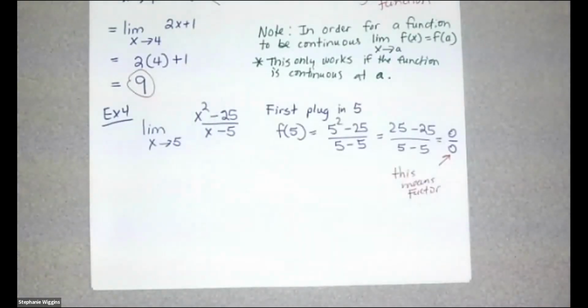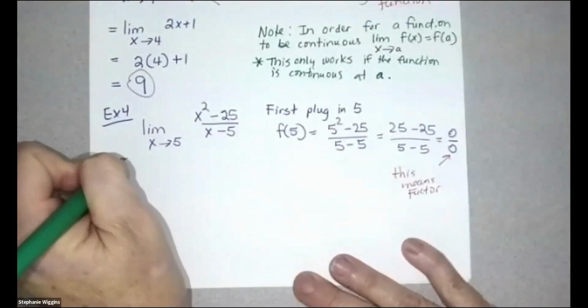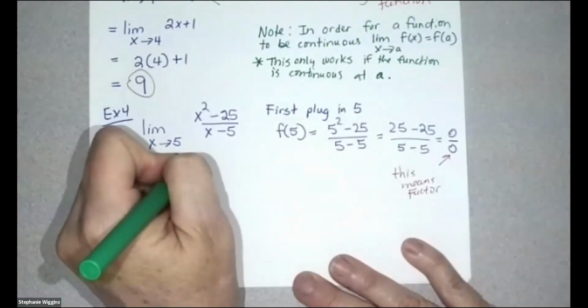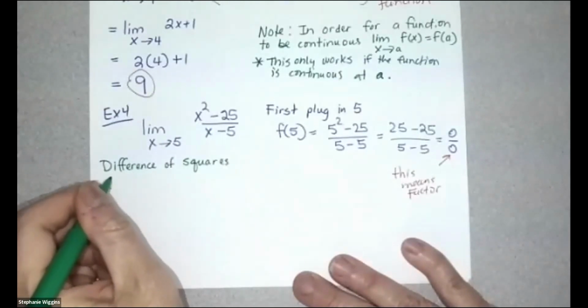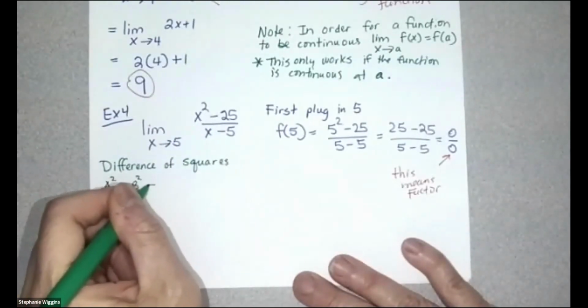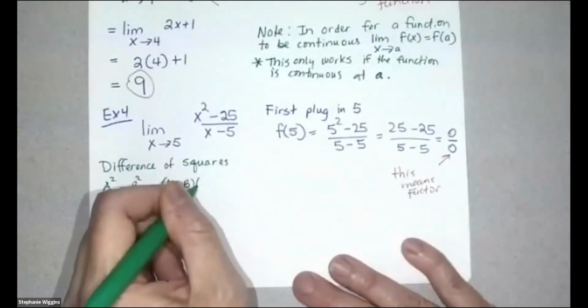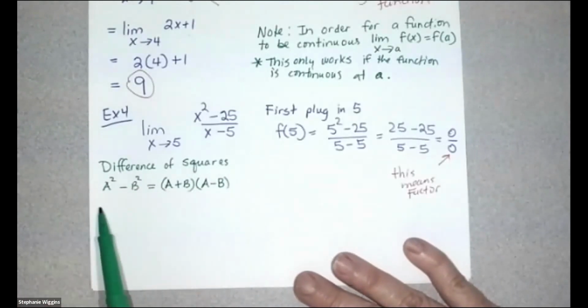And maybe you remember from algebra, a squared minus b squared equals a plus b times a minus b. This is the format, the formula of the difference of squares.